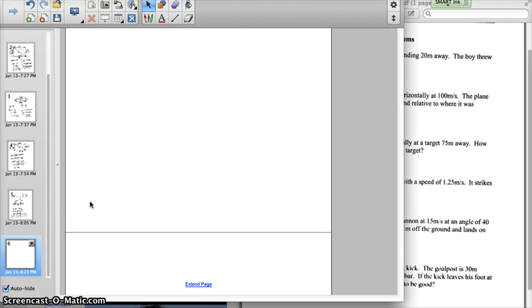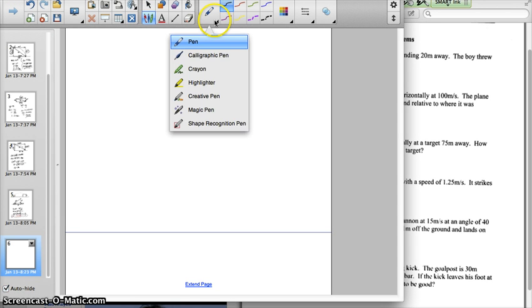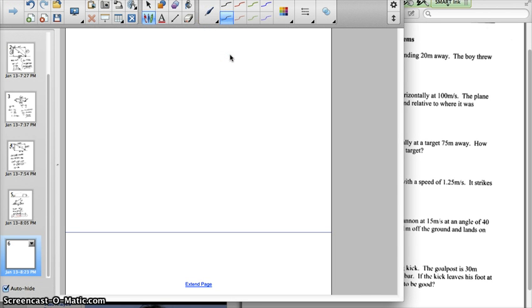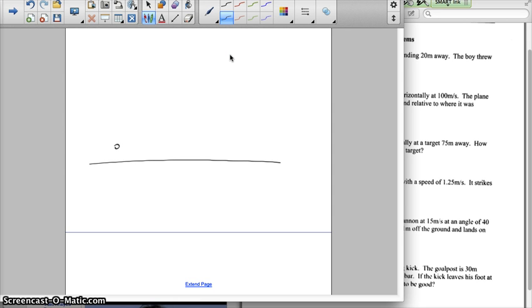Okay. So we've got a football player kicking the ball. Okay, there he is. And the goalpost right here, let's say. All right.